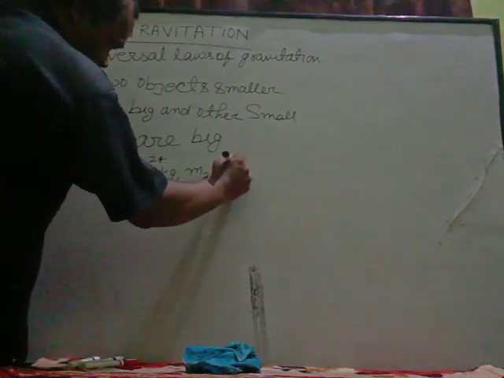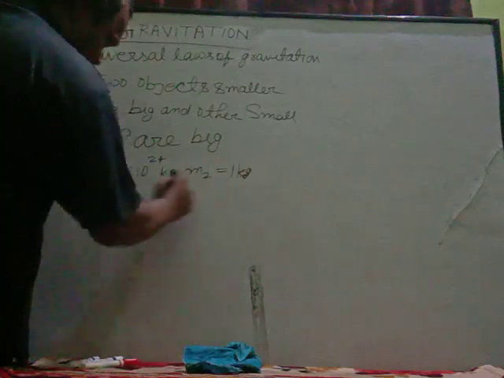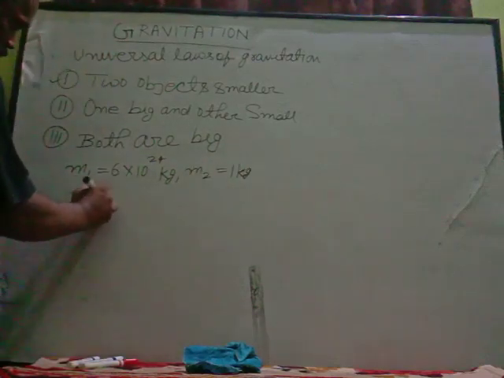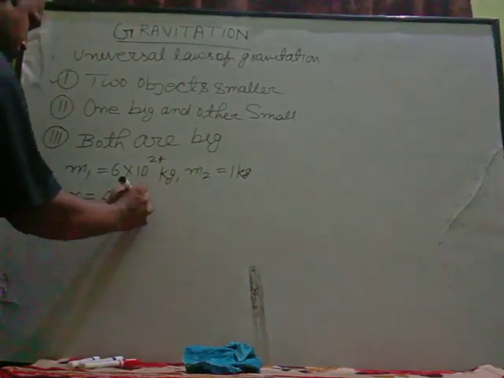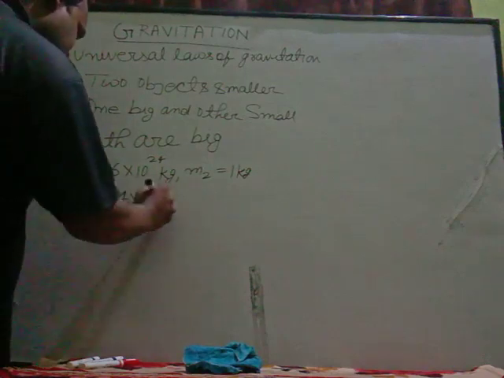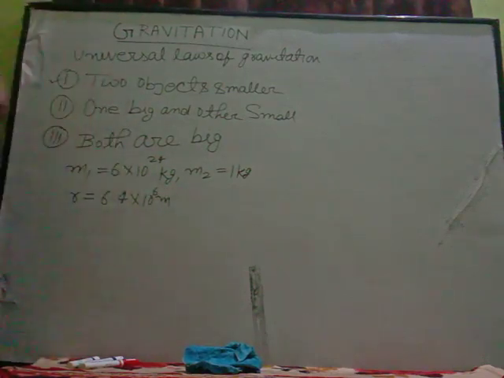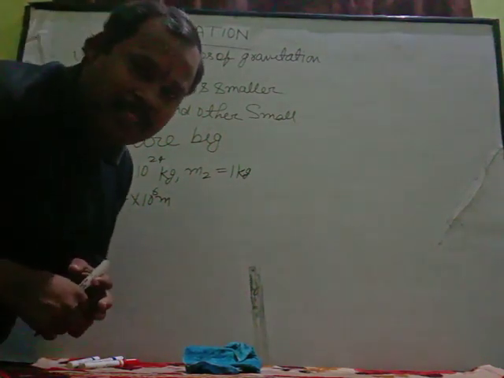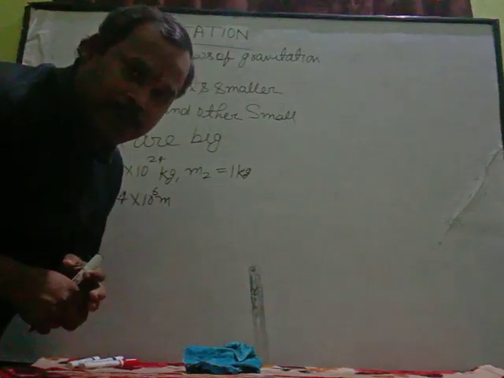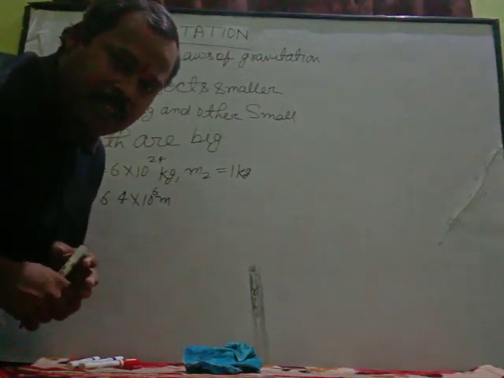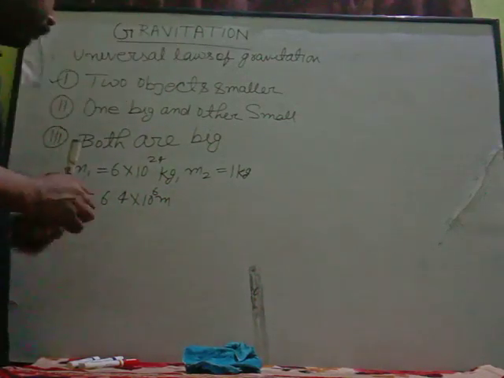The other object is of 1 kilogram and distance between them will be equal to the radius of the earth, 6.4 into 10 to the power 6. As we all know, the radius of the earth is 6400 kilometer. Convert it into meter and in scientific notation.